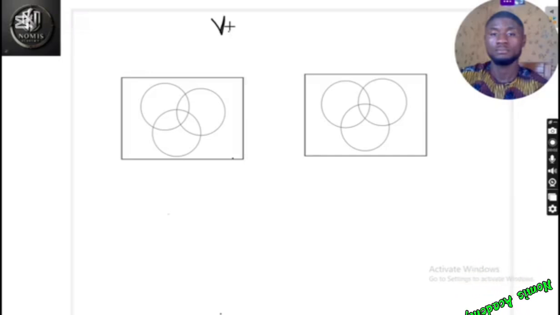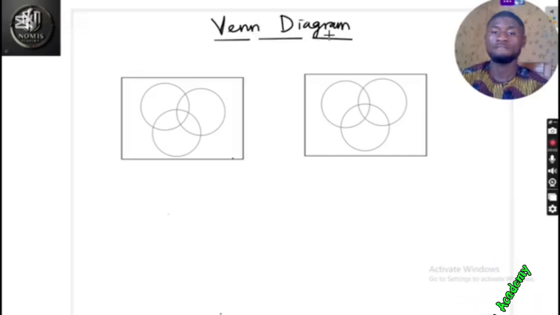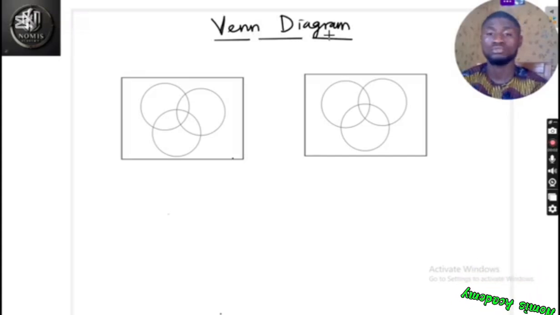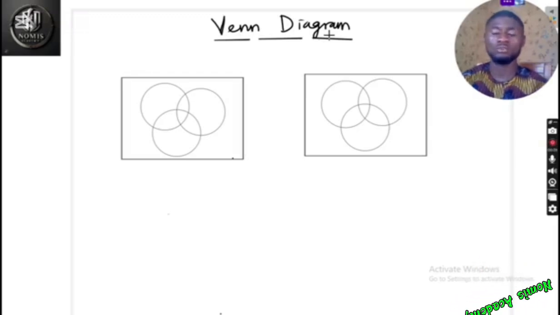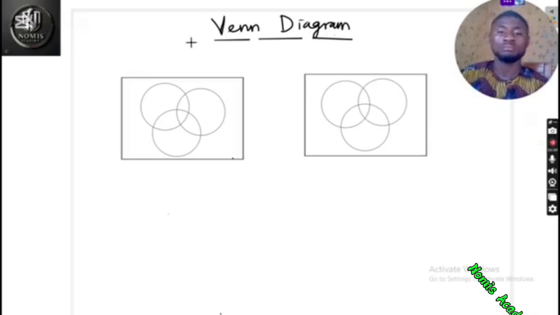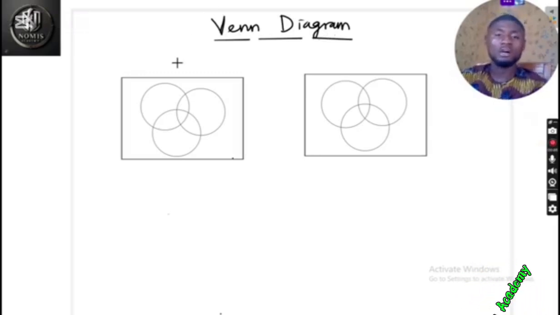Remember, I said John Venn invented the Venn diagram to give a pictorial or diagrammatic explanation of sets. So now we'll be dealing with Venn diagrams involving three sets.